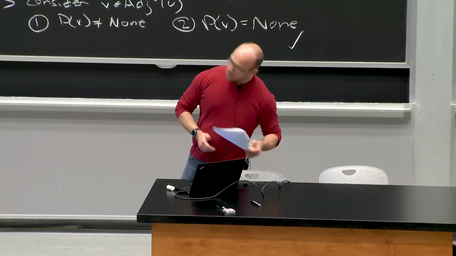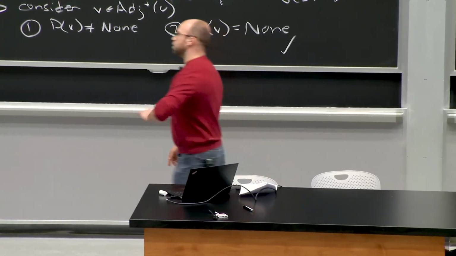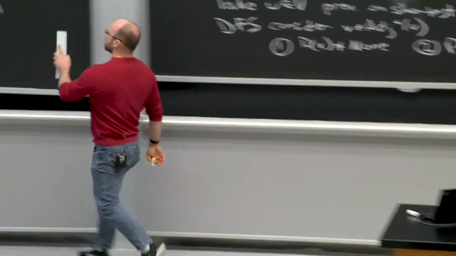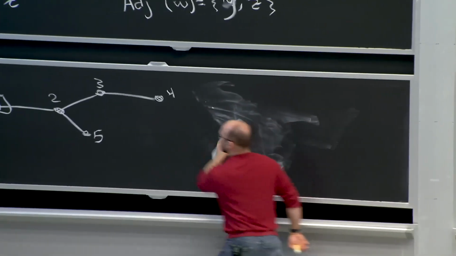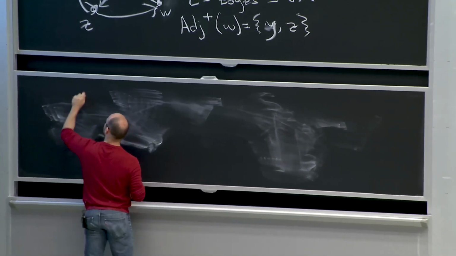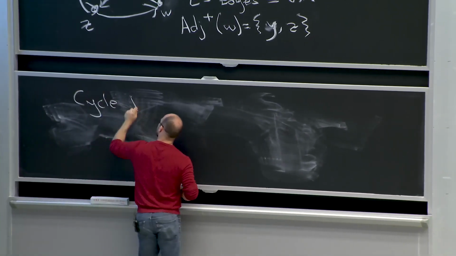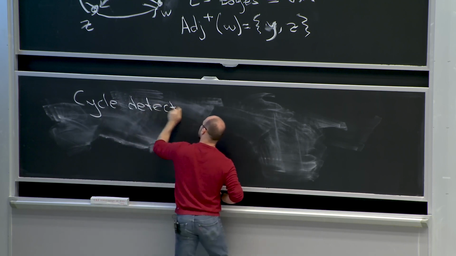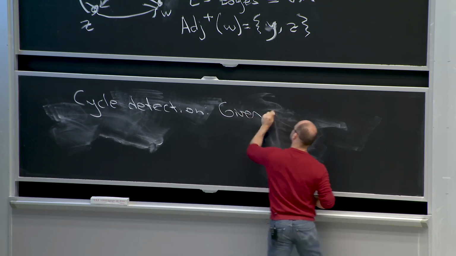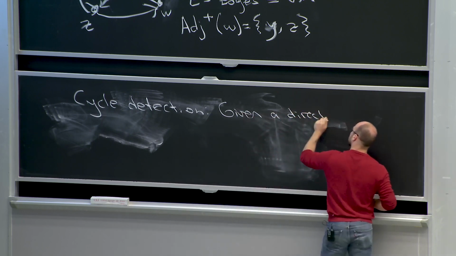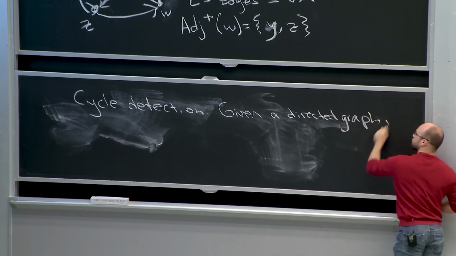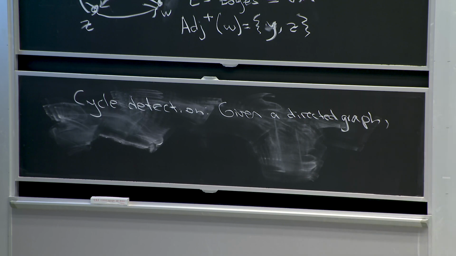So we're going to conclude with one final problem, which I don't have a slide on, but that's okay. And that's cycle detection. So there's a bit of an exercise left to the reader here. So the problem that we're looking for now is that we're given a directed graph G. But now we don't know if it's a DAG or not.